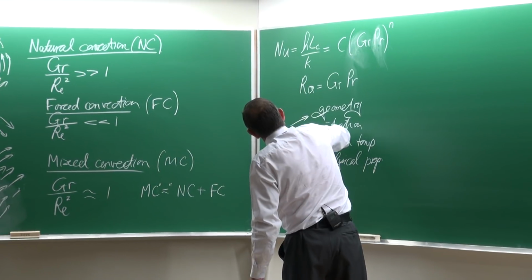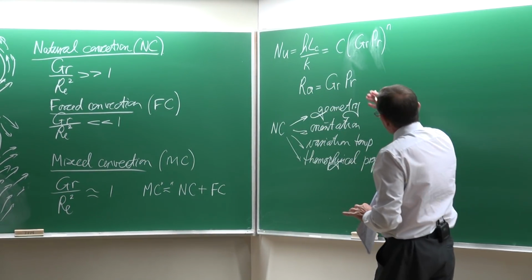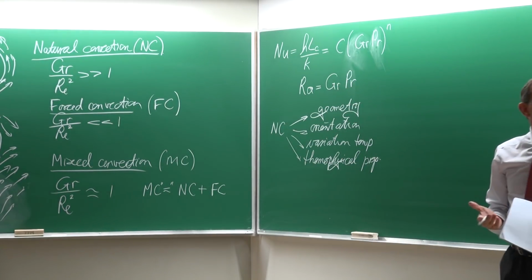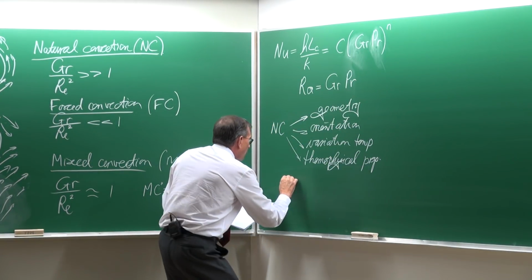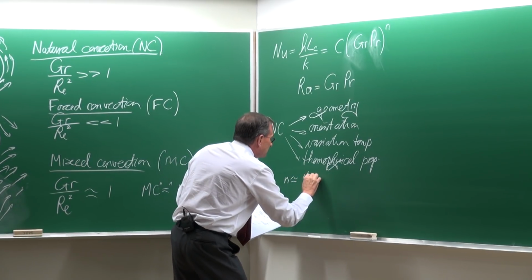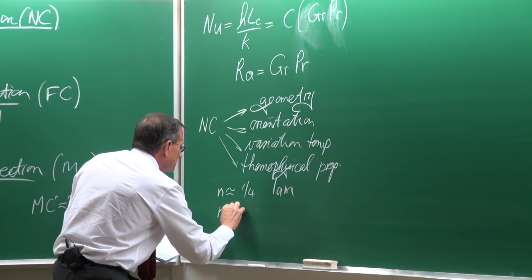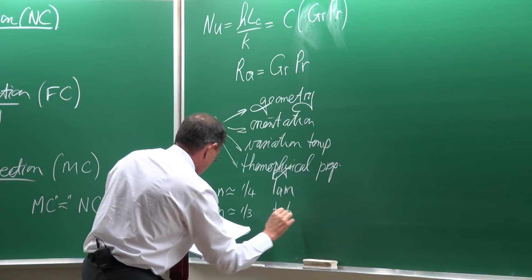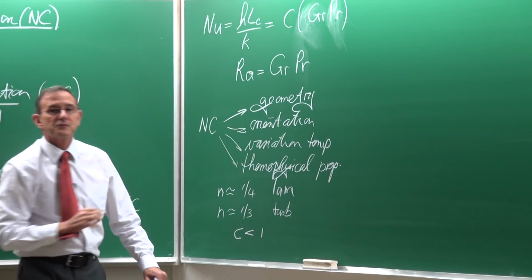And because we do not have the mathematical relationships for it, most of these values, the C and the N's, are being determined from experiments. And many of the experiments actually show that N is approximately equal to a quarter for laminar flow and in the order of a third for turbulent flow. And normally C is smaller than 1.